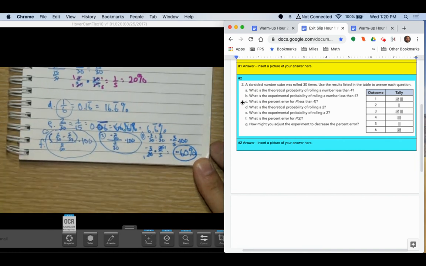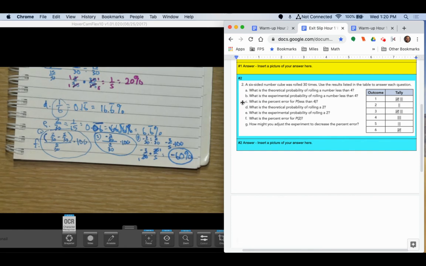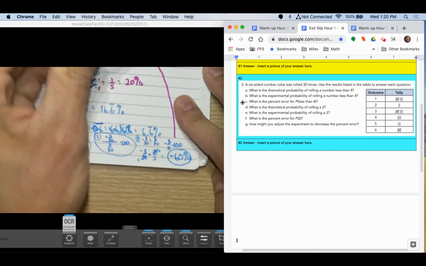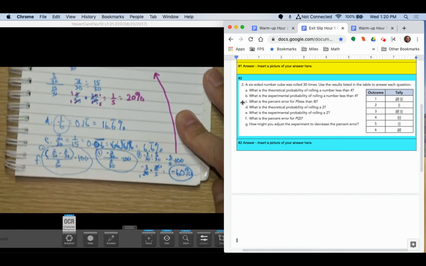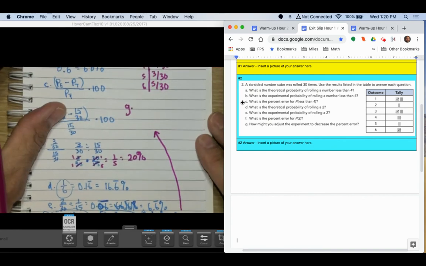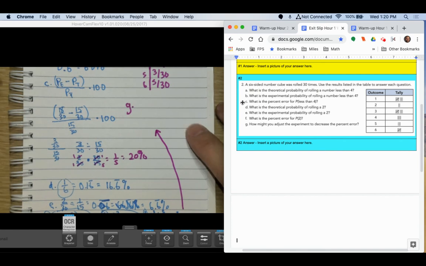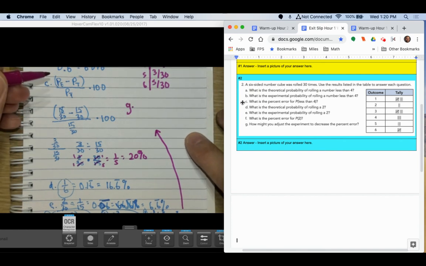And so my experimental probability was 60% lower than what I would expect from the theoretical probability. And then last but not least, G says, how might you adjust the experiment to decrease the percent error?